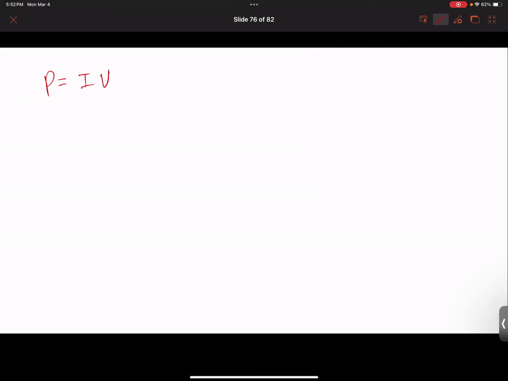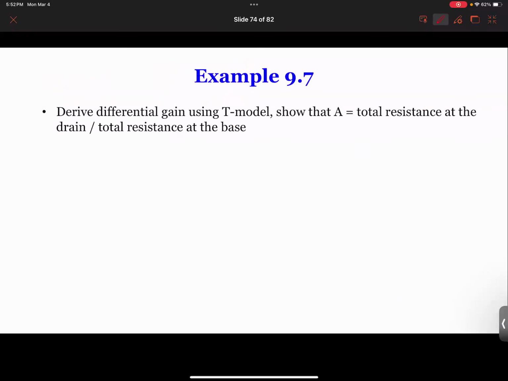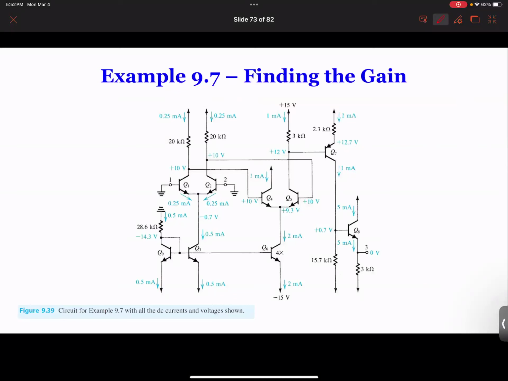And in this case, the DC, you have 2 voltage sources. One is your VCC, the other one is VSS, which is minus 15 volts. And then what you need to calculate is total ICC and total ISS. So if you go to the circuit over here, you can count by hand easily how many milliamperes are coming out from VCC. You see Q1, Q2.